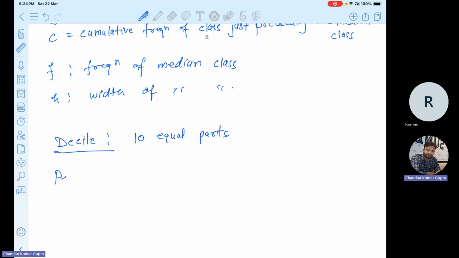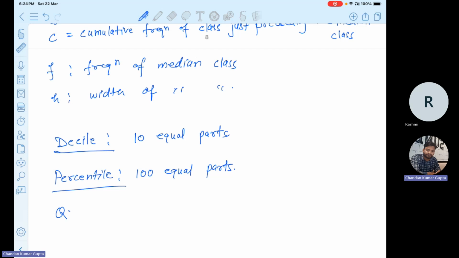We also have percentiles: 100 equal parts, so we have 99 observation points that divide the whole data set into 100 equal parts, called percentiles.